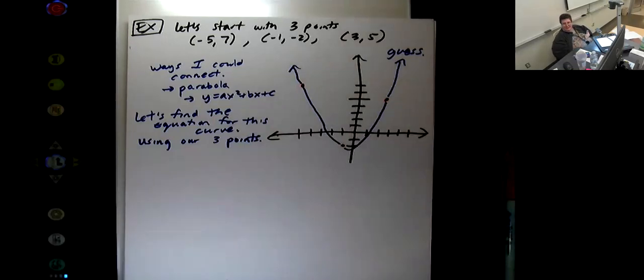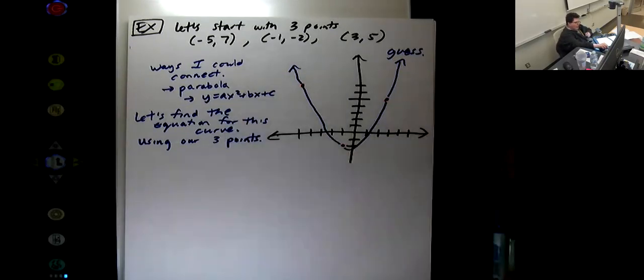That looks like the most likely way that they would connect, as a parabola. There's definitely no way of connecting them as a line. Couldn't connect them as a cubic because they should keep increasing or decreasing. So a parabola seems like something I could do.